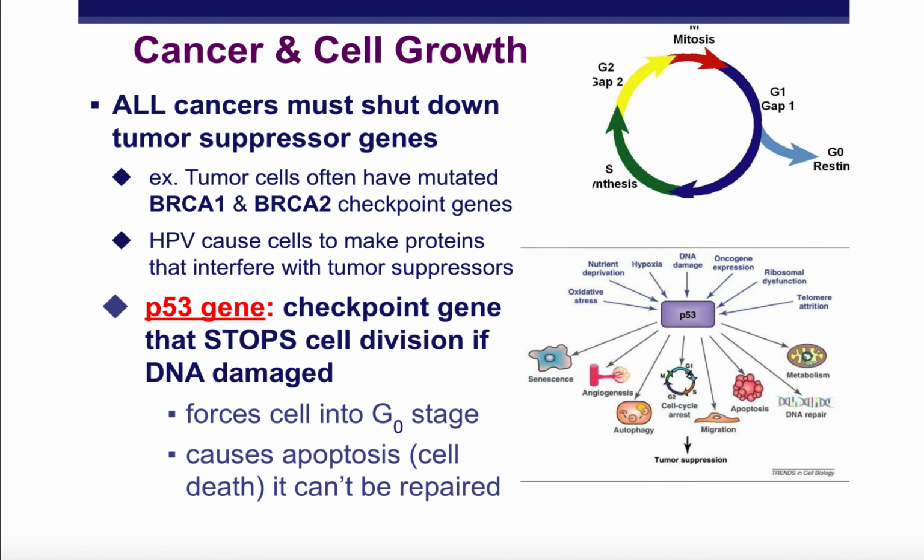Okay, so if you have cancer, you need two things to happen. You need an on position: your proto-oncogenes have to become oncogenes, and you need to stop your tumor suppressor genes. There are a couple of famous tumor suppressor genes. You might have heard of BRCA1, which is really associated with genetics.